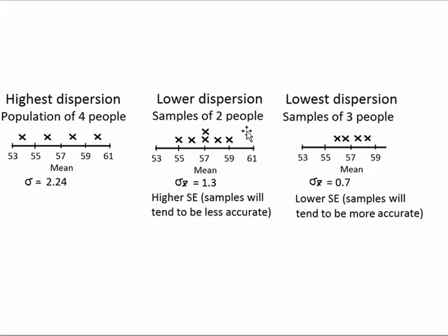And the reason why this idea of a standard error is important is because when a researcher takes a sample from a big population and calculates the sample mean to estimate the population mean, and if the researcher uses a small sample size, the means of all of the possible samples will be more spread out with a bigger standard error, and the researcher is likely to get a less accurate sample mean further from the population mean at the center.